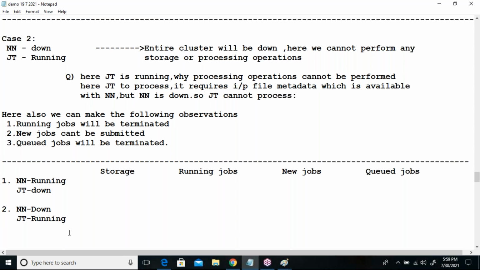In the second case, storage no, running jobs no, new jobs no.